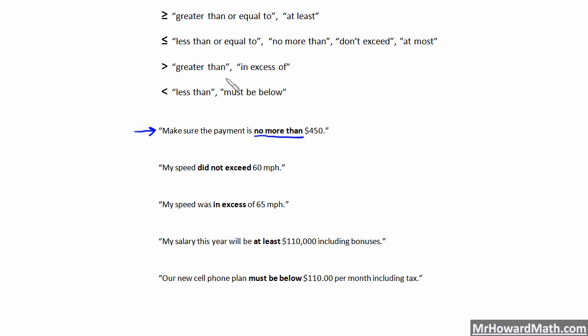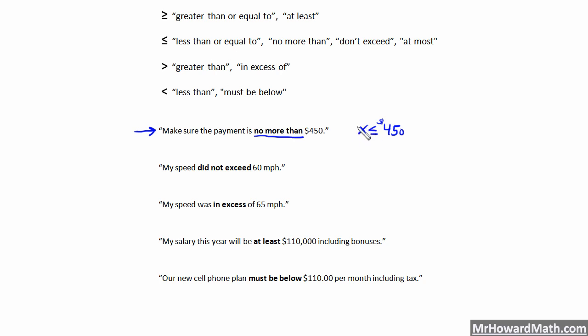If we go up to our list, no more than appears right there: less than or equal to. So in this case, if we let X be the payment, we're going to say that our payment X should be less than or equal to $450.